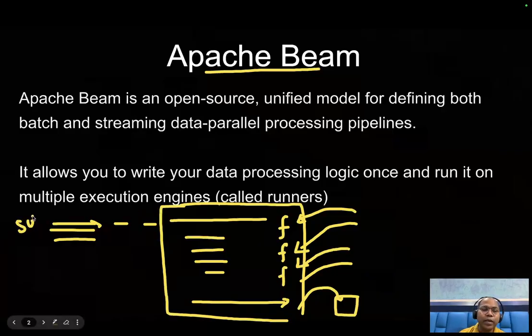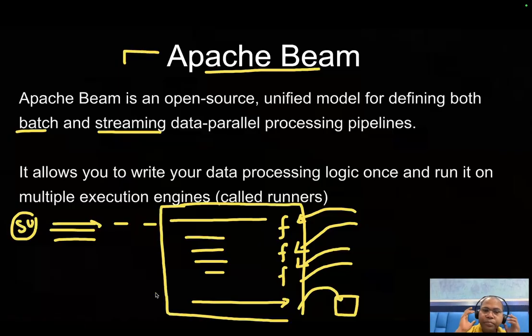So for a pipeline, first, you need a source from where data comes. Data can be batch data or online streaming data. According to the Apache Beam guidelines, we build this pipeline, and once built, this pipeline can be run on different environments according to your need.